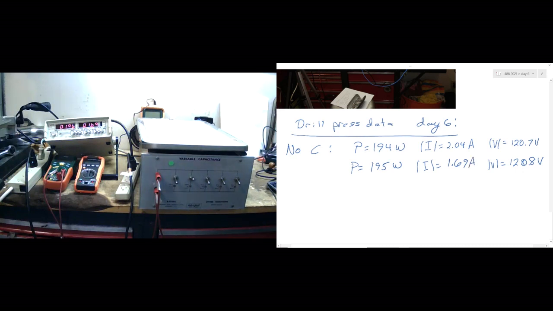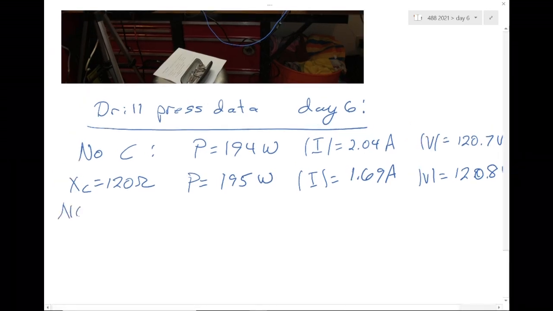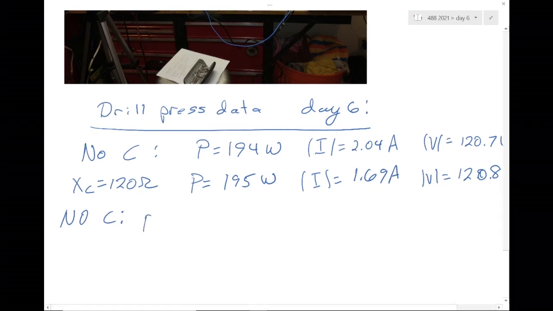Okay, let's talk about these for a moment and do some calculations. So I'll turn off the drill press. Second one is with 120 ohm shunt capacitance connected. So calculations for no capacitance. I have not done these yet because I just took the data. What can I do here? I can say power factor.